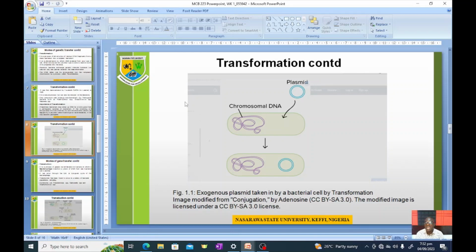Plasmids generally are extrachromosomal DNA molecules that are capable of self-replication outside of the host or chromosomal DNA. They are self-sustaining.